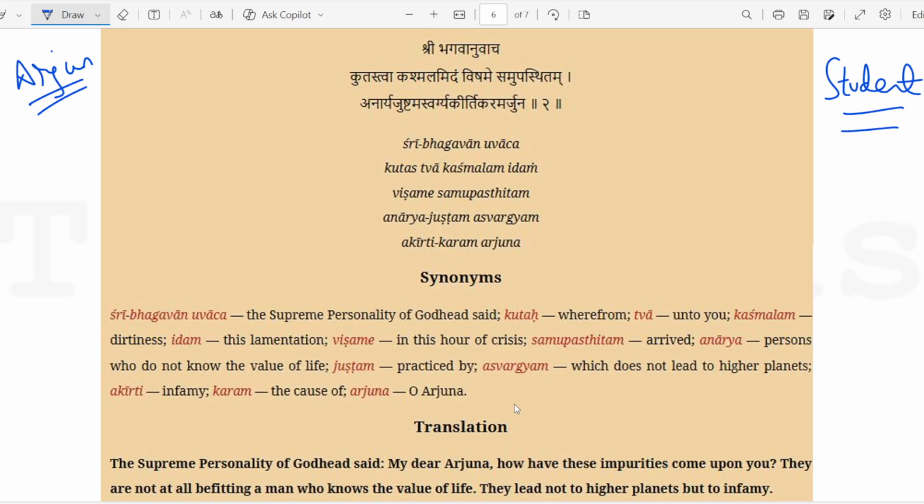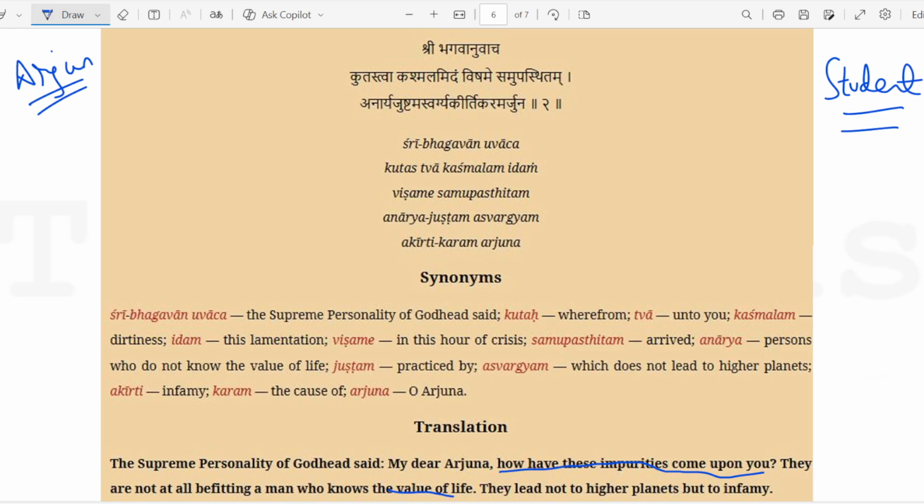Krishna is starting by just shaking Arjun up. Like, how have these impurities even come upon you? They are not at all befitting somebody who knows the value of life. So, life is pretty precious.